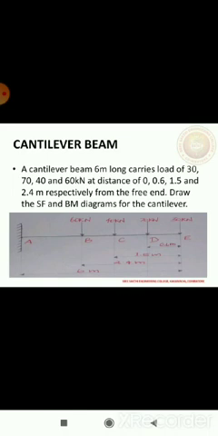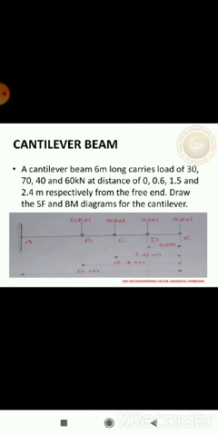The point loads acting are: at point E, 30 kilonewton; at point D, 70 kilonewton; at point C, 40 kilonewton; and at point B, 60 kilonewton. The distance between points D and E is 0.6 meter, between C and E is 1.5 meters, and between B and E is 2.4 meters.